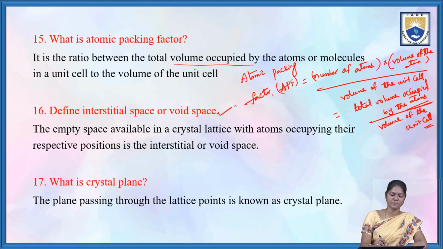Define interstitial space or void space. The empty space available in a crystal lattice with atoms occupying their respective positions is the interstitial or void space.